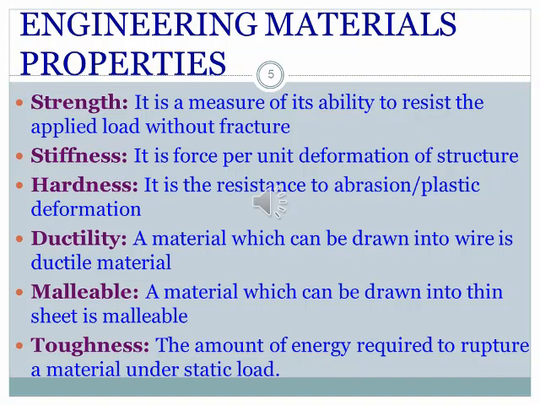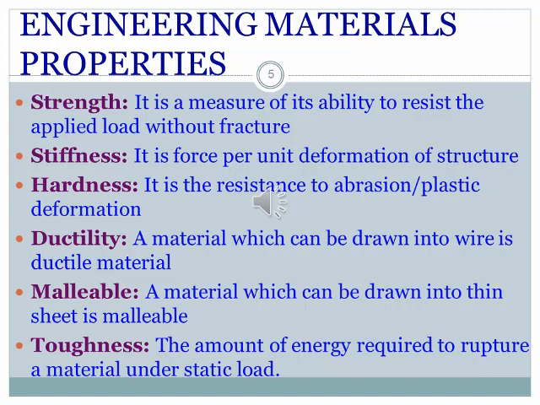Next is hardness. Hardness is the ability to resist plastic deformation and abrasion. So any defect on the surface should be prevented by the material. It should not have any abrasion on the surface. This property is attributed to hardness.